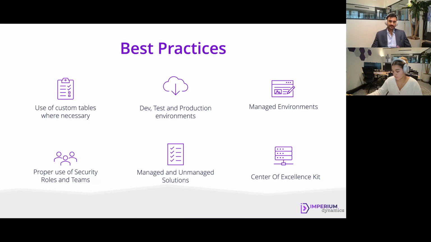And then after we have set our environment strategy, managed the solutions, made sure that we have the correct data structure, and the correct security structure, then comes more on the governance side. As a base minimum, what you can have is a managed environment.